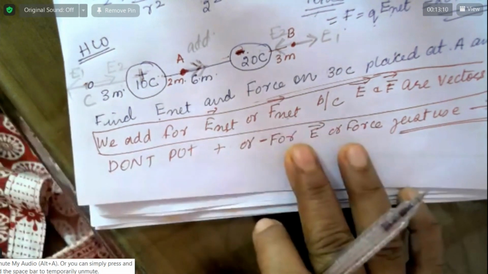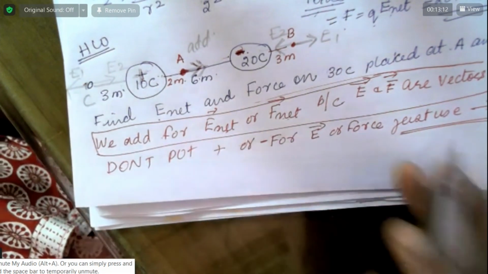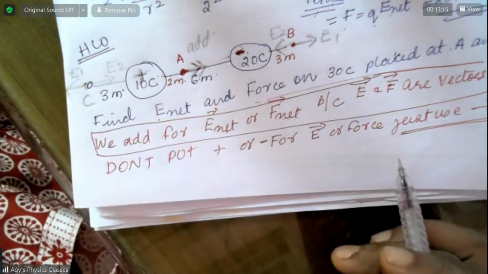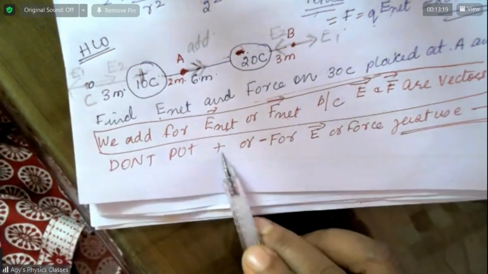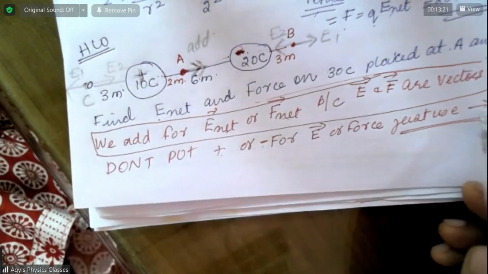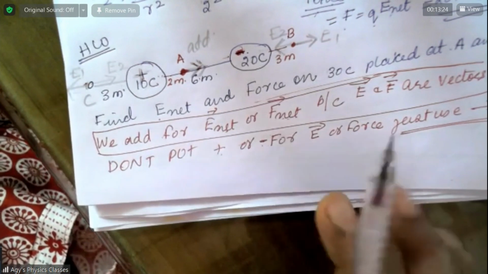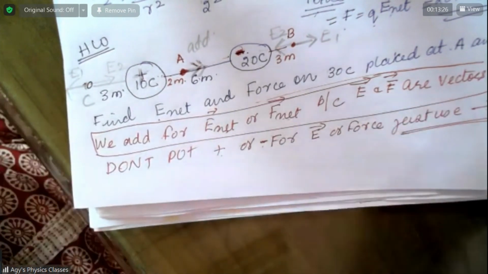Understood? Here for positive and negative, we are using direction. Don't put this sign in your calculation.